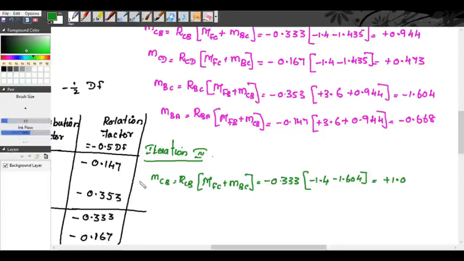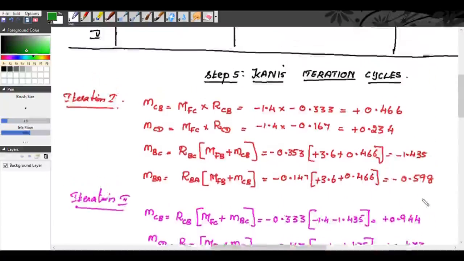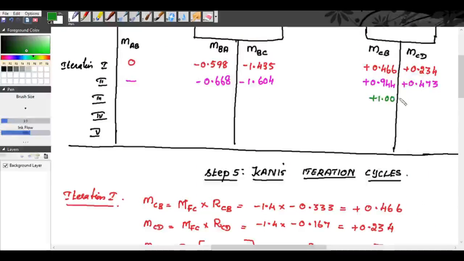Now MCD will be equal to RCD into MFC plus MBC, that is equal to minus 0.167 multiplied by minus 1.4 minus 1.604, we get plus 0.502. So plus 0.502.